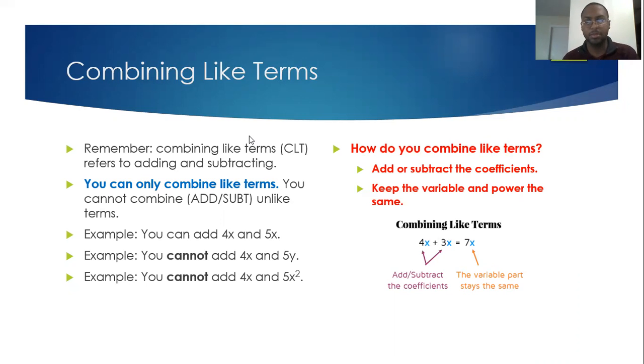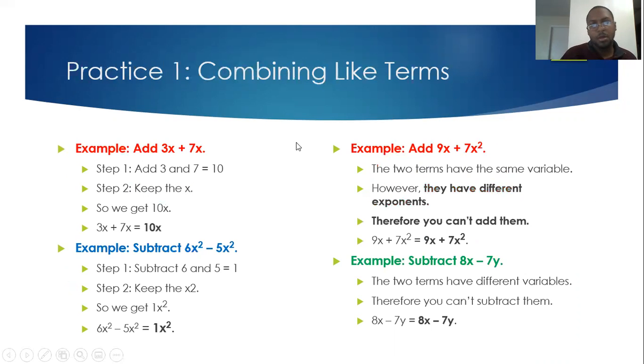Just notice the variable part stayed the same. We didn't do anything weird with that. 4 apples plus 3 apples is 7 apples. Then we looked at some examples of what you can add and what you subtract. 6x squared minus 5x squared gives you 1x squared. You have to be aware that the x squared doesn't change.